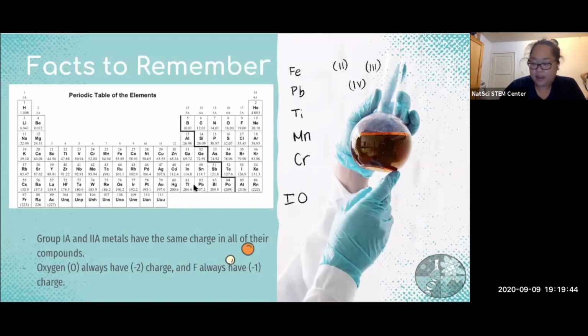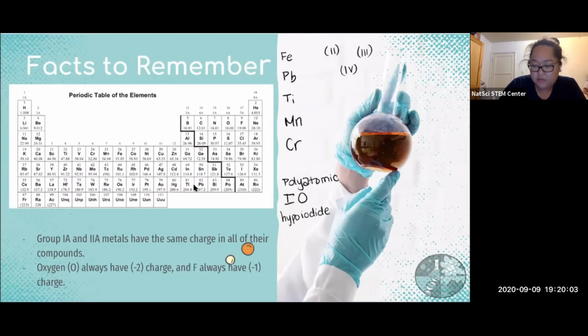That's the thing, it isn't on my list. The closest thing I have is just iodine. So hypoiodite, is IO a polyatomic or no? I don't know. So IO in this case, if your professor tells you about it, you should just note it down.